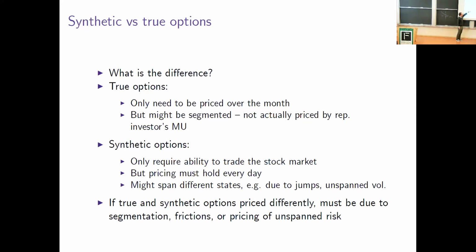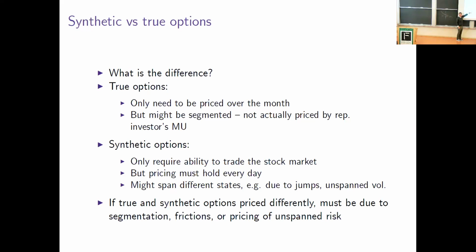You need pricing to be accurate every single day, right? And so if there are frictions, certainly in your data, if there's bid-ask bounce or stale prices, that will create a problem. But also if you just think that at that frequency, the market is actually not priced correctly relative to some representative investor's marginal utility, then you can't really look at those synthetic options anymore.